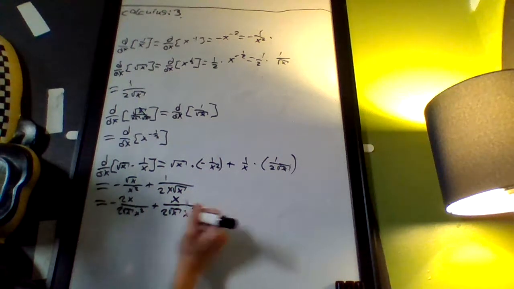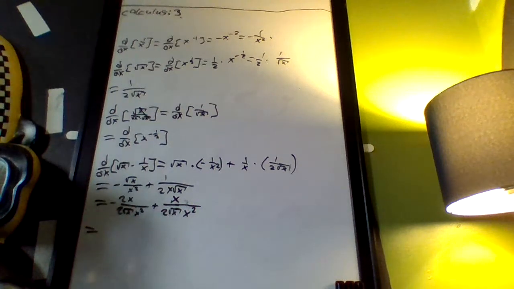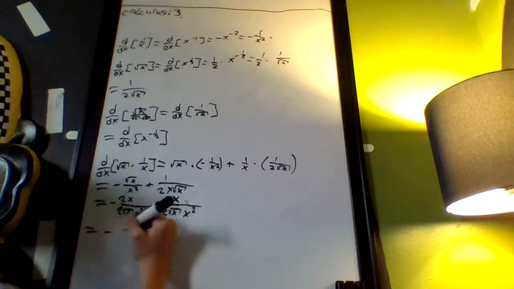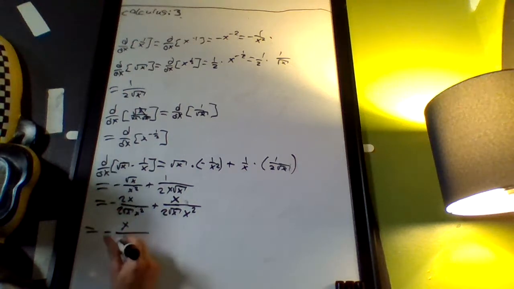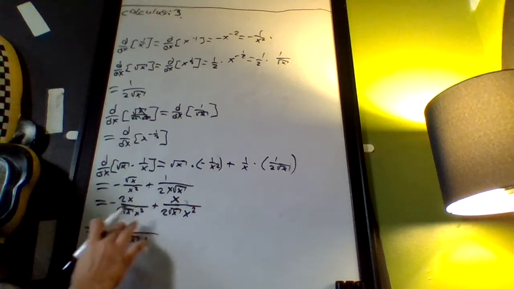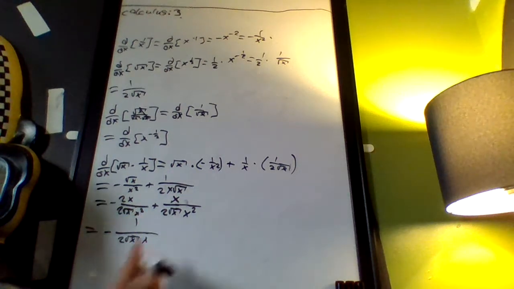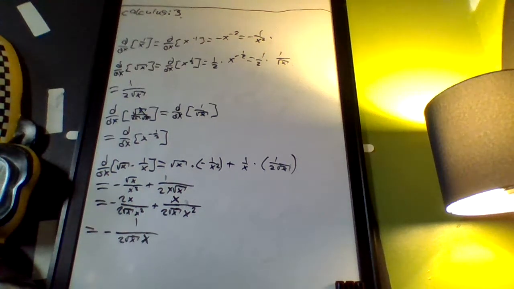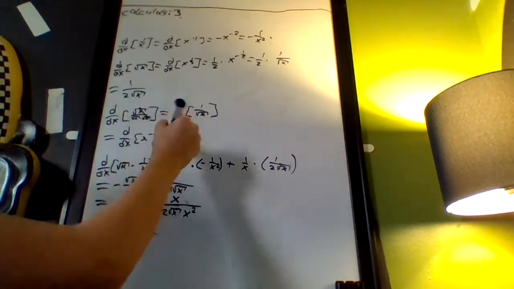You get this, which you can then simplify to negative x on 2 rad x times x squared. You can do that, and then you have this. That's your final answer. Now, what do you get out of this?